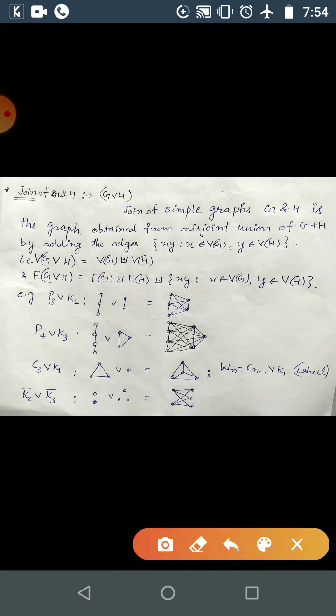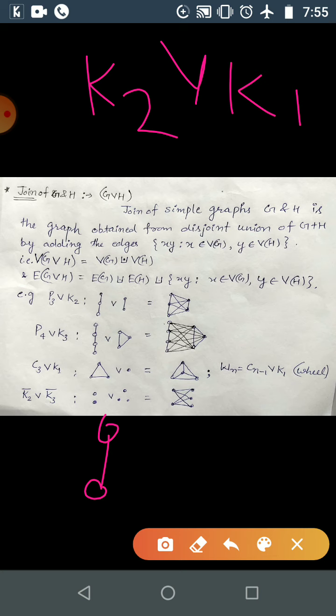For example, you can take K2 join with K1. Here G is K2 and H is K1, or you can consider G as K1 and H as K2, it doesn't matter, because the join of G and H is the join of H and G. That is symmetric. So K2 is this one and K1 is this one.